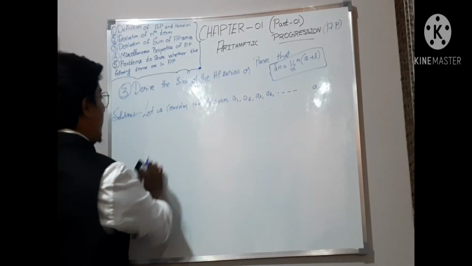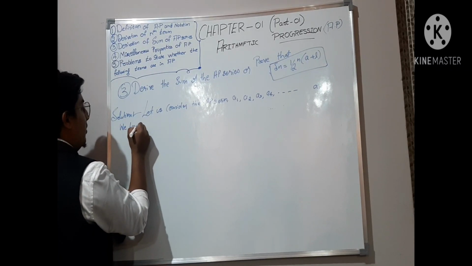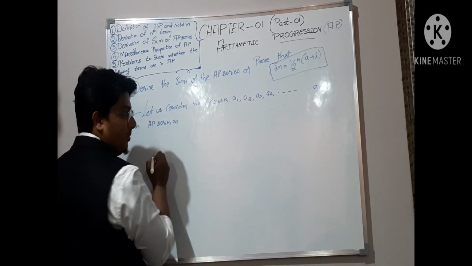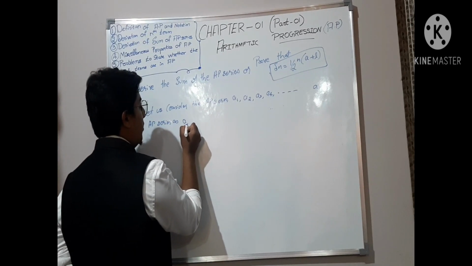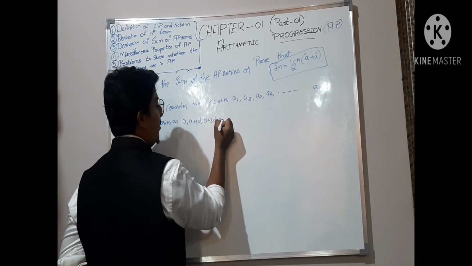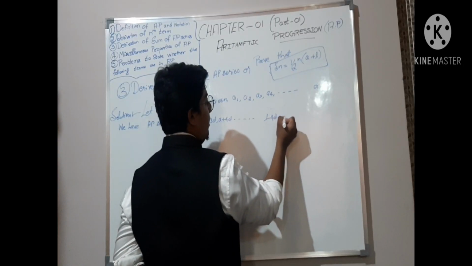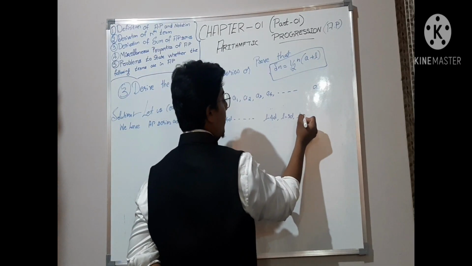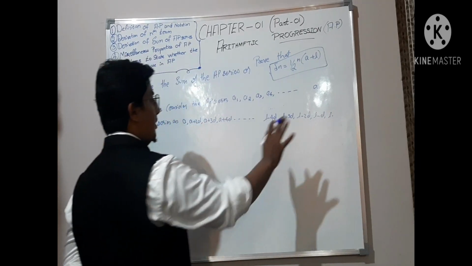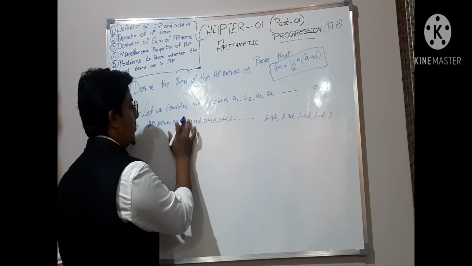So we have the arithmetic series as A, A plus D, A plus 2D, A plus 3D, A plus 4D, L minus 4D, L minus 3D, L minus 2D, L minus D, L. Like this is the arithmetic progression series.